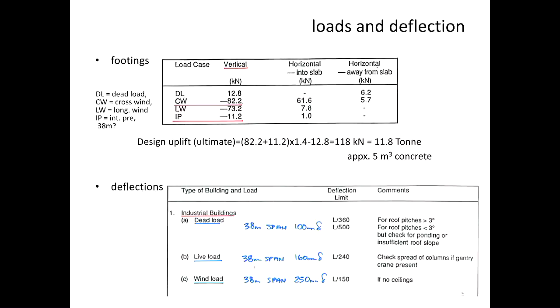Internal pressure as well: when the building is open, wind comes in and is going to push the structure over. That's why all of them are negative, if that makes sense. Can you imagine that? So all of those loads have to be resisted by gravity. That is why it is the only one that is positive when you consider the vertical position of the building. Okay? Thank you for that.